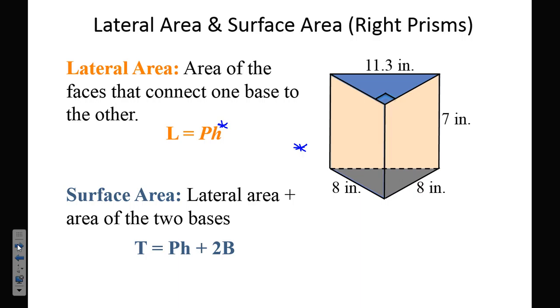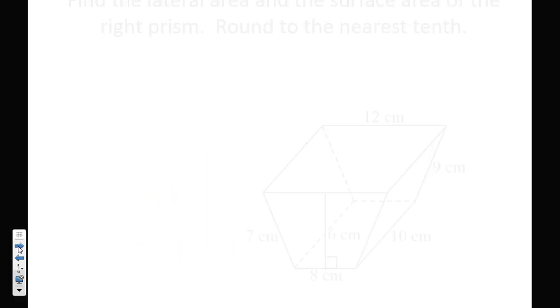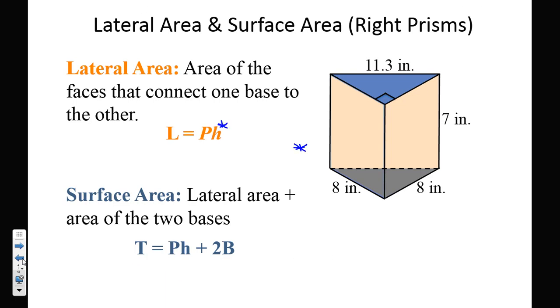And the surface area is often denoted as either T, capital T, or I've seen some books call it capital S, capital A. And it's equal to that lateral area, the perimeter of the base times the height of the prism, plus 2 times the area of the base. Where capital B stands for the area of the base of the prism.